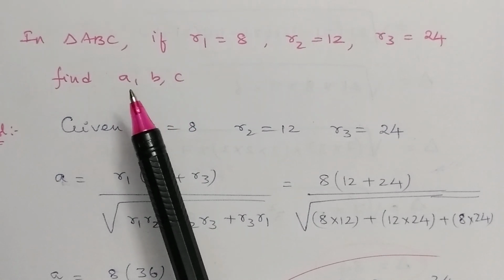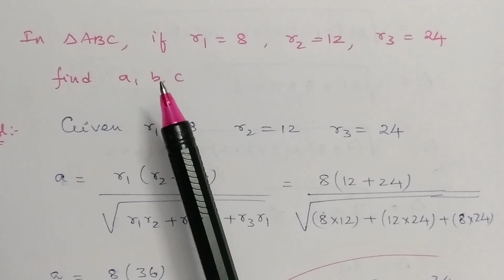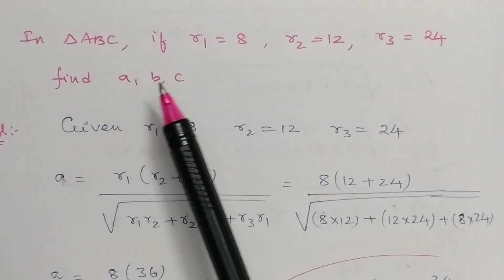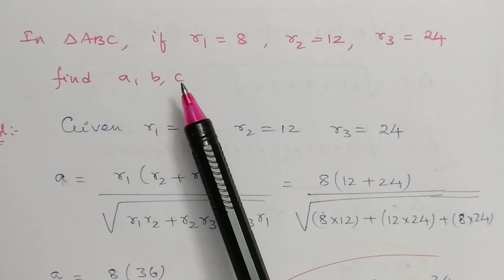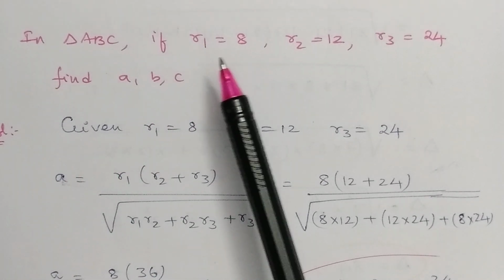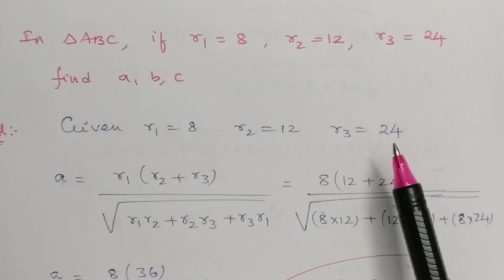They gave ABC, we were supposed to find R1, R2, R3. In this problem, they have given R1, R2, R3, we need to find ABC. Given R1 equals 8, R2 is 12, R3 is 24.